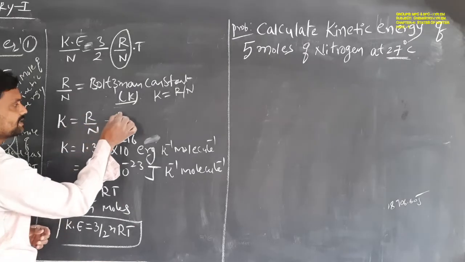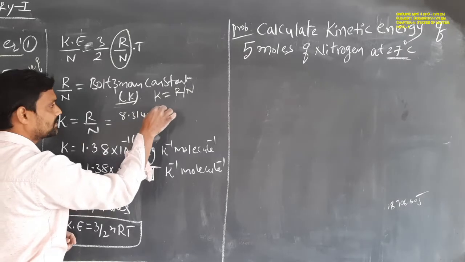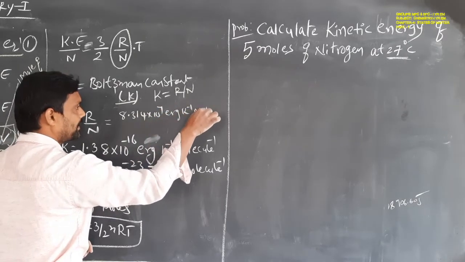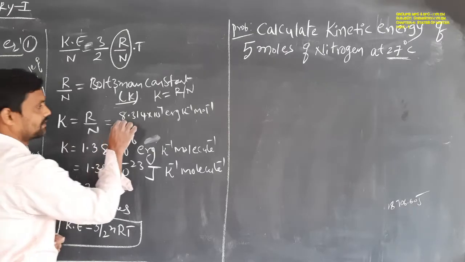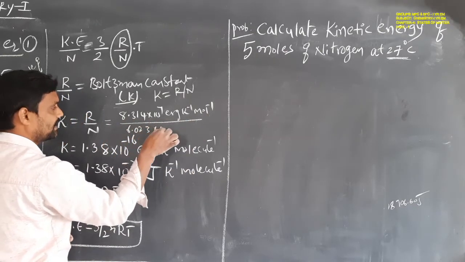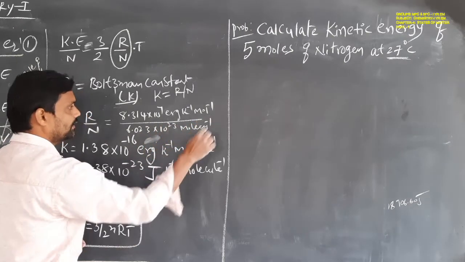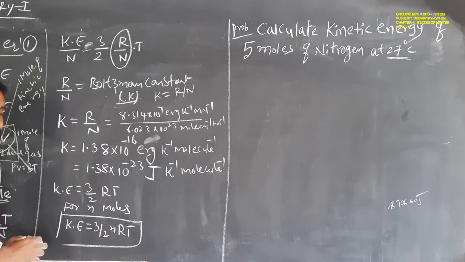The universal gas constant has the value 8.314 into 10 to the power 7 ergs per Kelvin per mole, and N is the Avogadro number, its value is 6.023 into 10 power 23 molecules per mole.